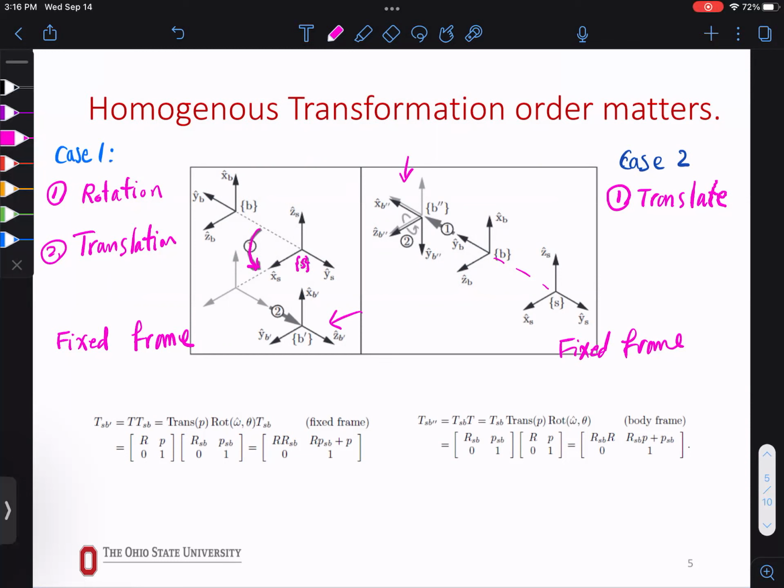That's one thing. The other thing is now, if you are doing about a fixed frame or a body frame, so let's say T_SB, so B is the body frame, S is your fixed frame. If you're applying a transformation in a fixed frame, if you are doing a rotation first, this is pre-multiply, then the translation, multiply by that, right?